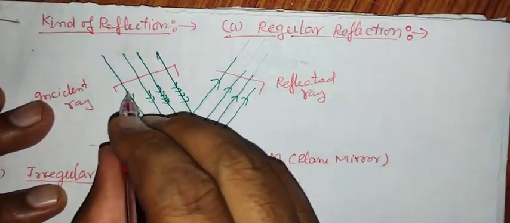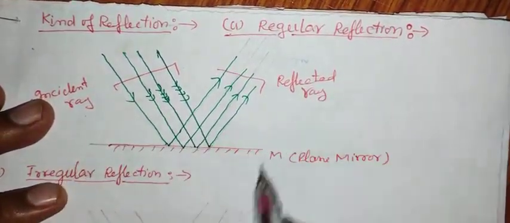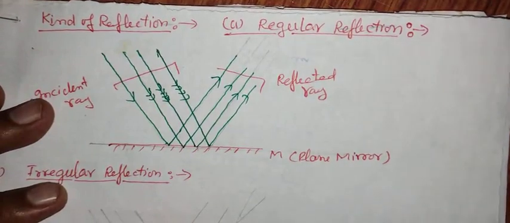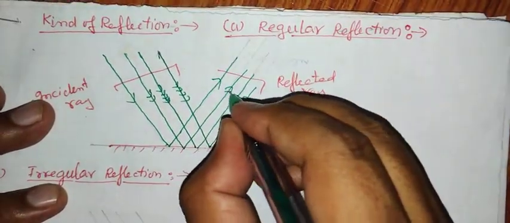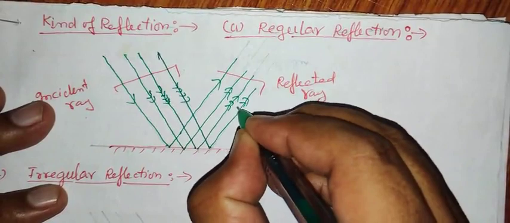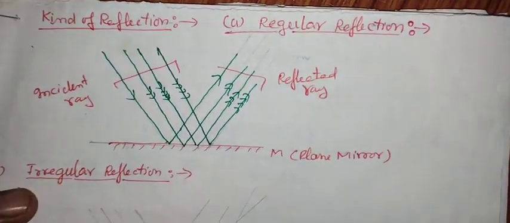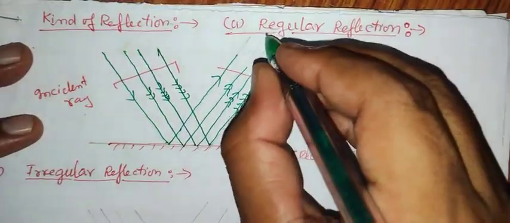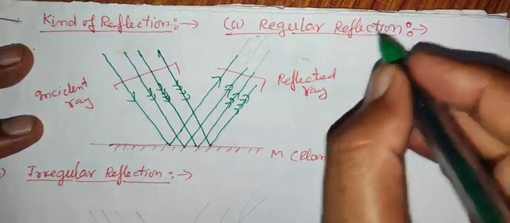If incident rays are parallel to each other and reflected rays are parallel to each other, then this type of reflection is known as regular reflection.